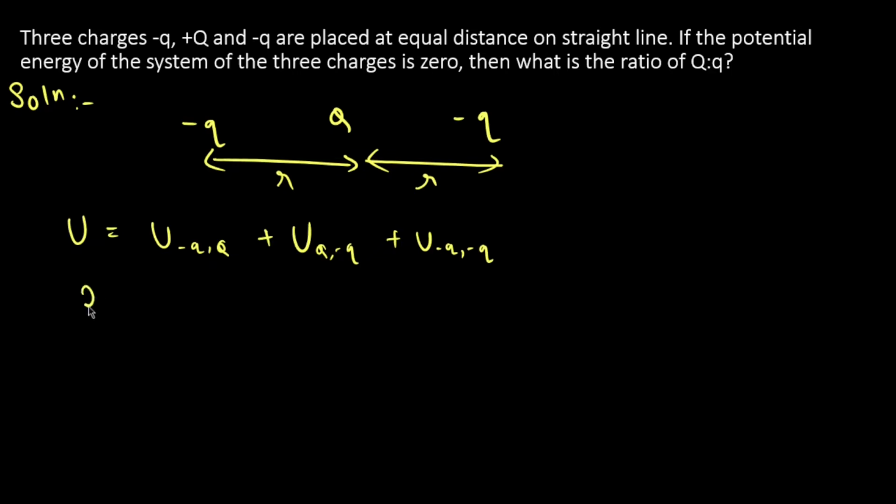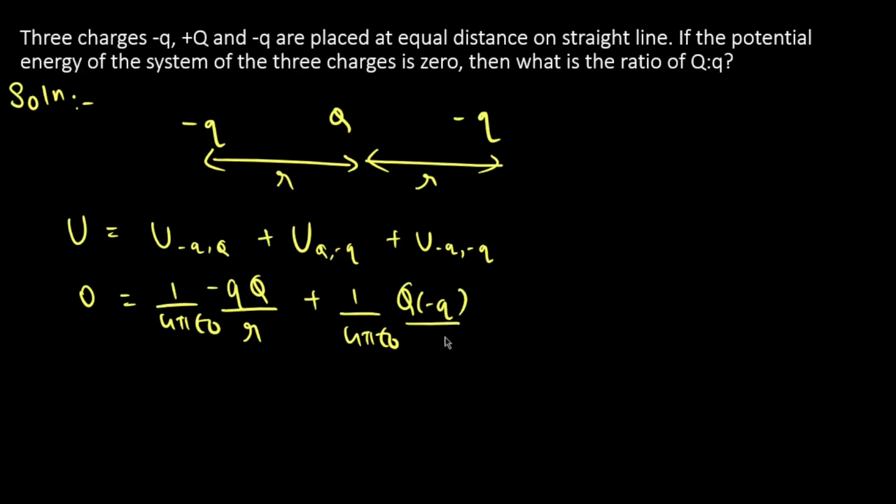So we can say 0 equals the potential energy of minus q and plus q, which is 1 upon 4 pi epsilon naught, minus q into q by the distance r, plus the potential energy of q and minus q, that is 1 upon 4 pi epsilon naught, q into minus q by r, plus the potential energy of minus q and minus q, that is 1 upon 4 pi epsilon naught, q square upon, now this is separated by a distance 2r, so 2r.